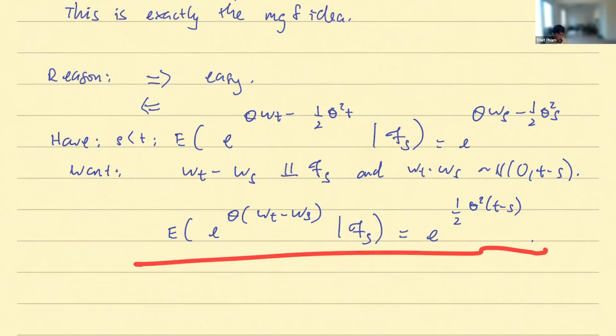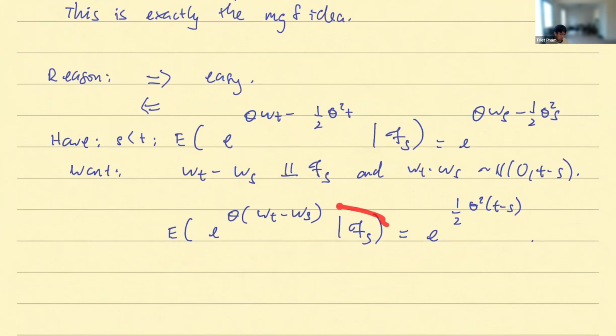Why? First of all, stare a little bit. It says that when you take the conditional expectation of this guy under F_s, all you get out of here is a constant. There's nothing random on this side. Now, of course, if you do it with one particular theta, for example theta equals 1, then not much you can conclude.